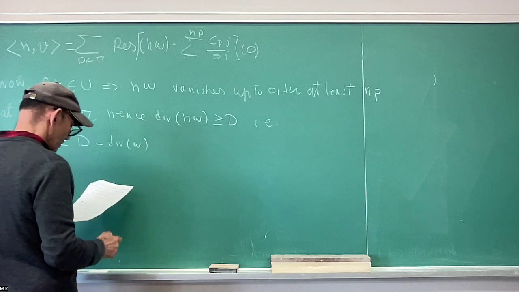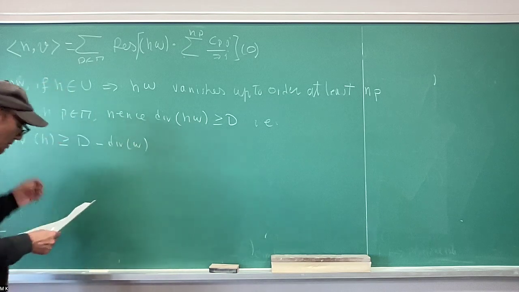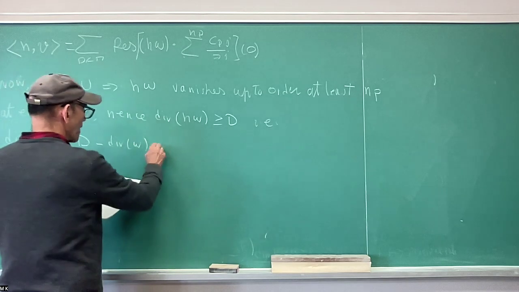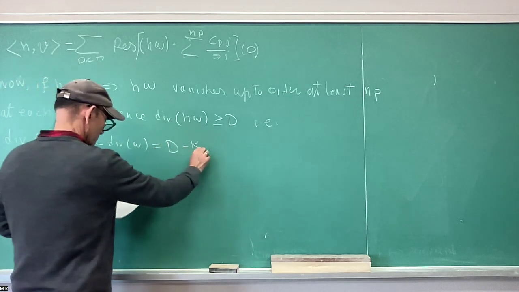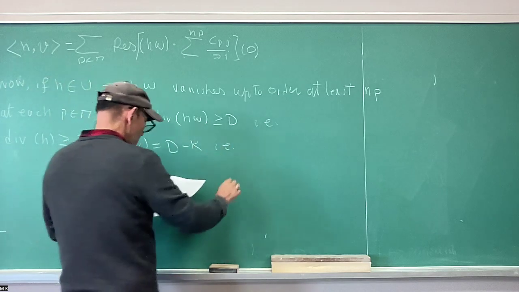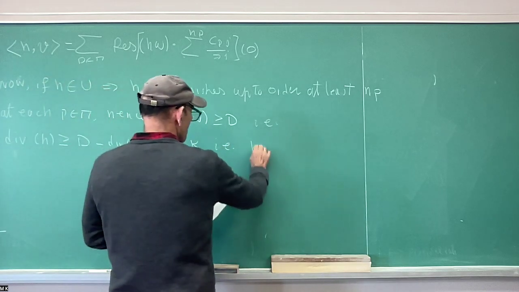So this is equal to T minus K, i.e. H belongs to L of K minus T.